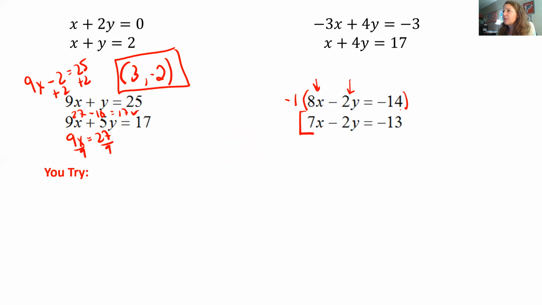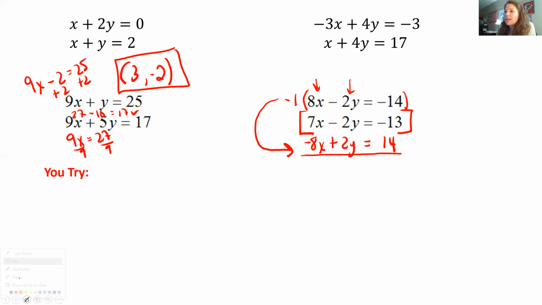I'm not changing this one, it's staying the same, but I'm gonna bring down this top equation beneath it and change every sign. So positive 8x becomes negative 8x, negative 2y becomes positive 2y, and negative 14 becomes positive 14. Let me strike through the top one so you don't get confused.